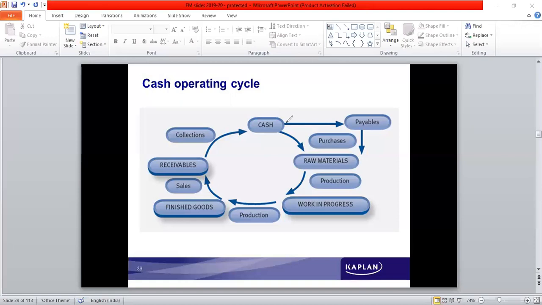So they need not immediately invest their cash, but utilize the credit facility extended by the supplier, and the material is purchased on credit basis. So the operating cycle shortens by that period of credit which is extended by the supplier to the business. When we write the equation, we look into that as well.